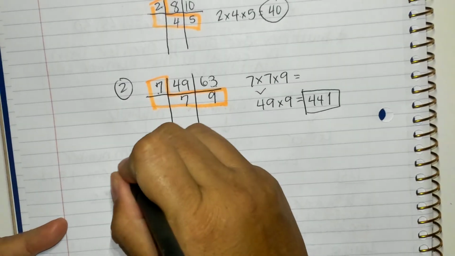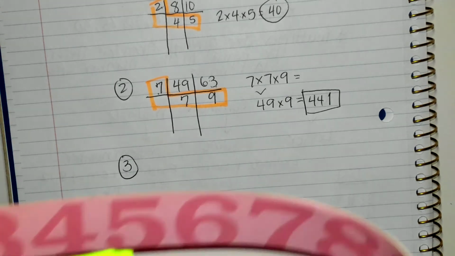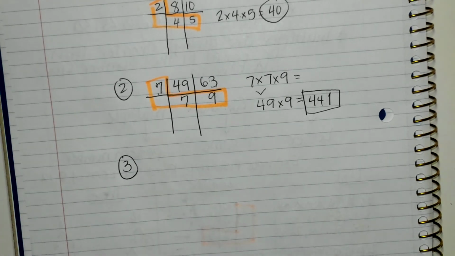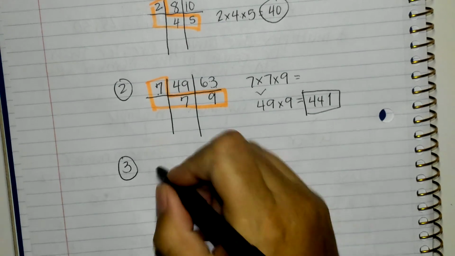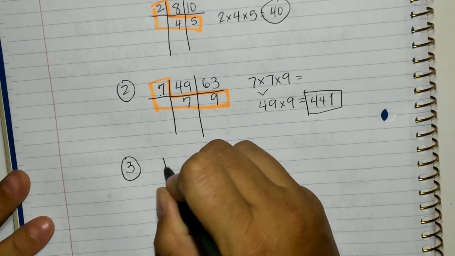Okay, now I'm going to give you an example using three numbers. So we're going to find the greatest common multiple of... my book just fell.